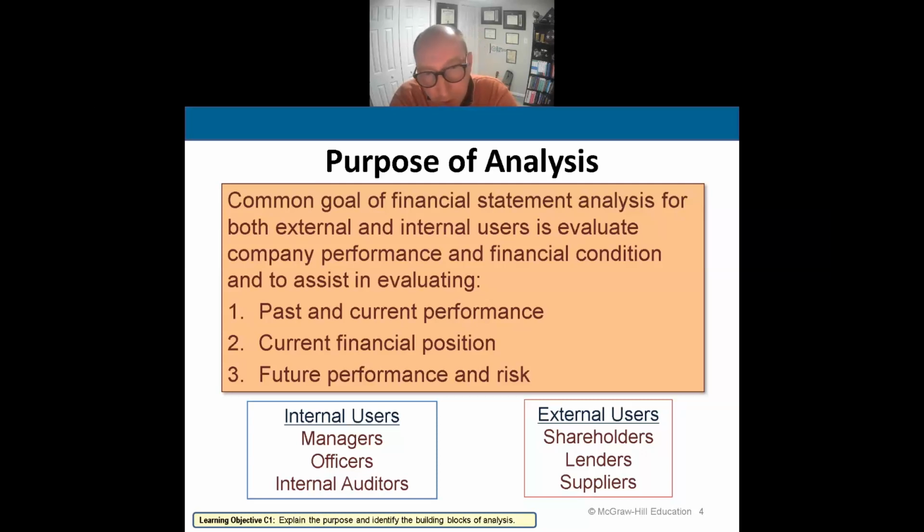We first start by looking at the past and current performance of the company. I'll look at previous years and compare year-to-year information to understand the past performance of the company.